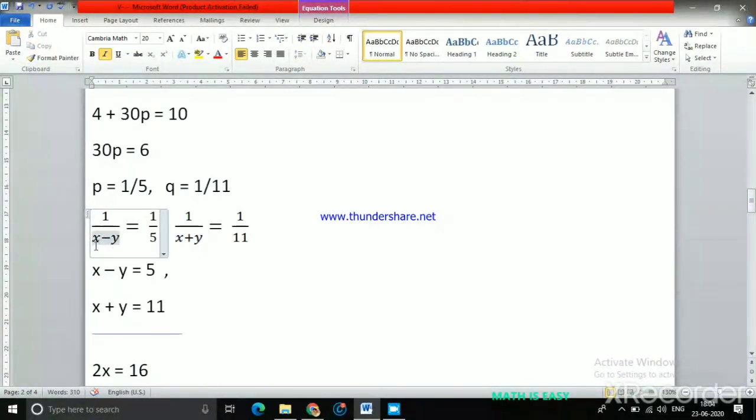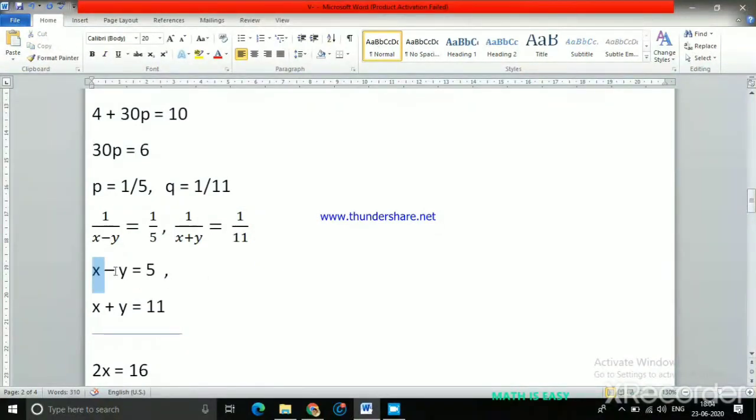For example, if I have 2, reciprocal will be 1 by 2. If I have 1 by 3, reciprocal will be 3 by 1, or you can say only 3. So 1 upon x minus y, reciprocal is going to be x minus y, and 1 upon 5 reciprocal is going to be 5. Similarly, 1 upon x plus y reciprocal is x plus y, and 1 upon 11 reciprocal is going to be 11.